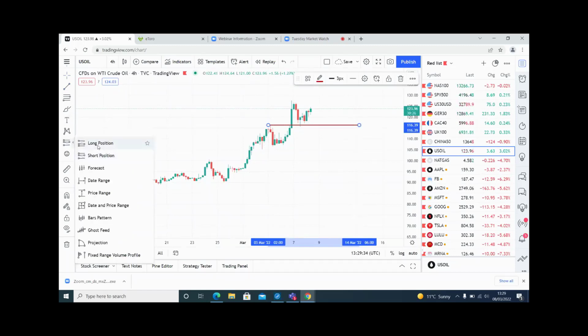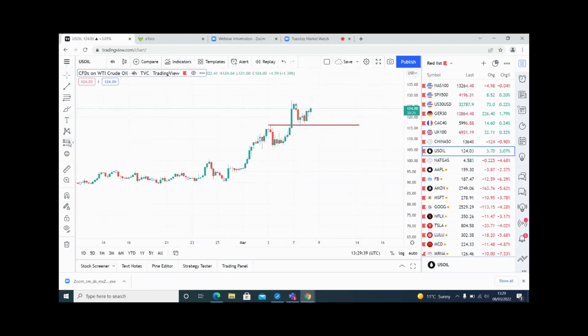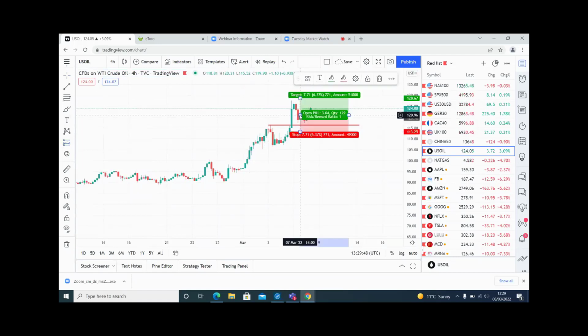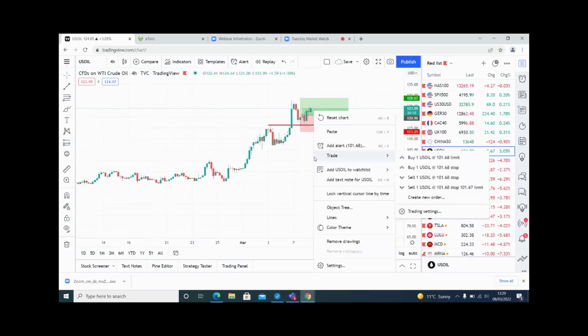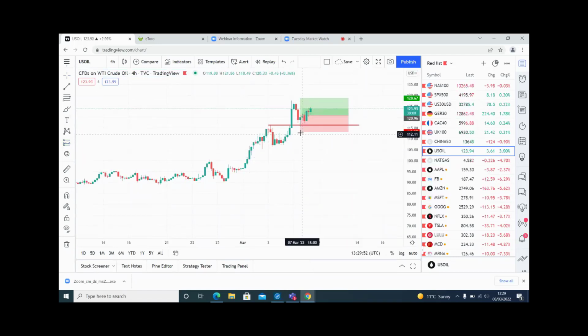Did anyone take this? Did anyone take oil there? Move the stop loss up a fraction. So that's risking 5%. Up to the high there is 5%.